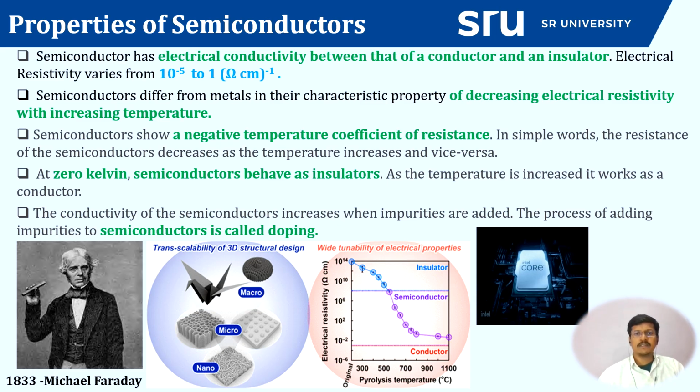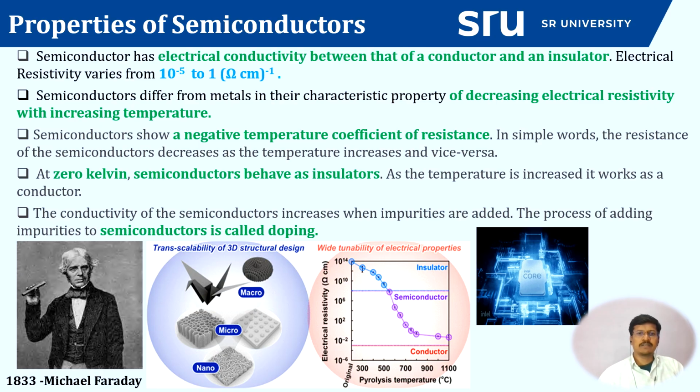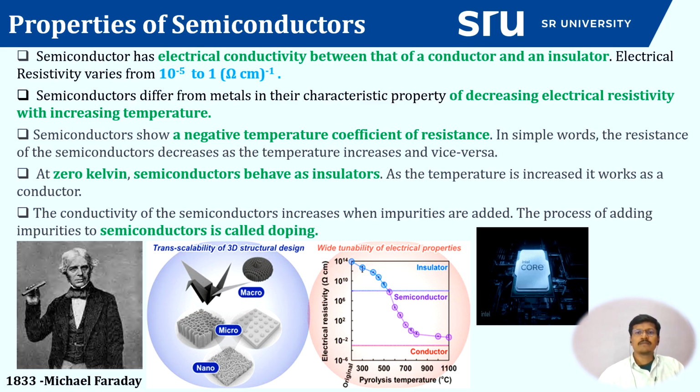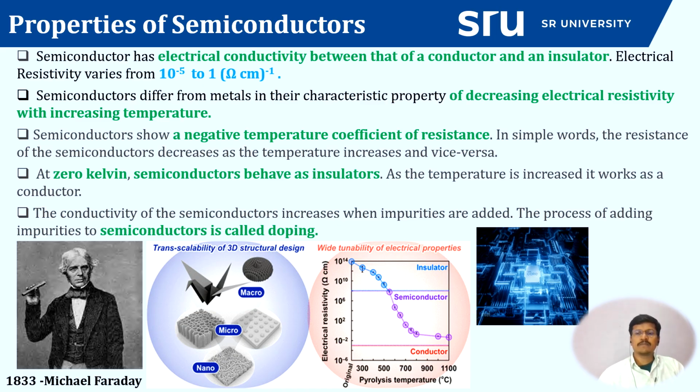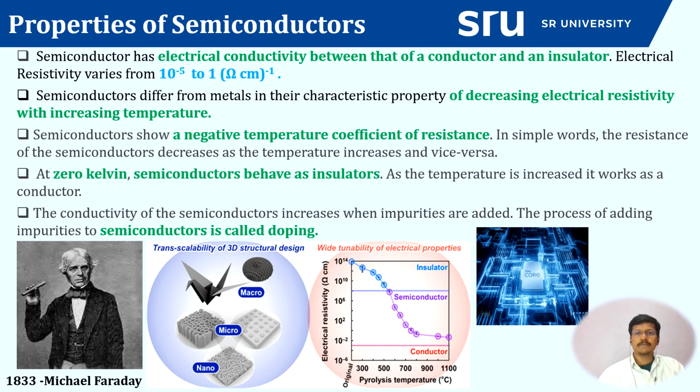Perhaps the most significant feature of semiconductors is that their conductivity can be deliberately modified or controlled by introducing impurities. This process of introducing impurities into the semiconductor is called doping.